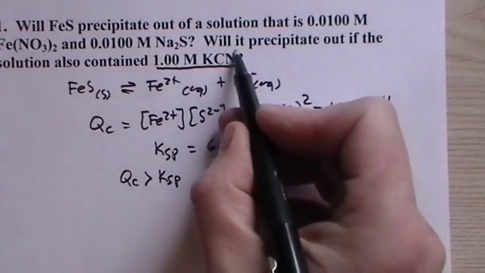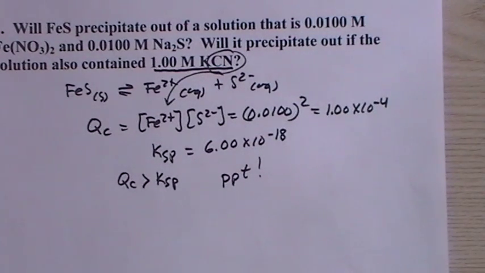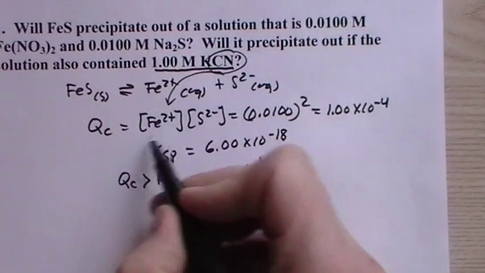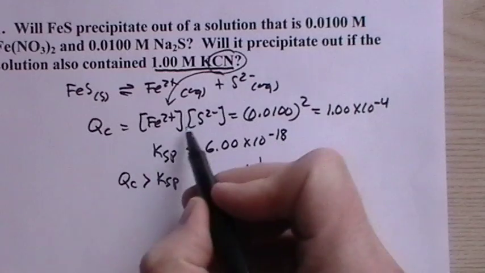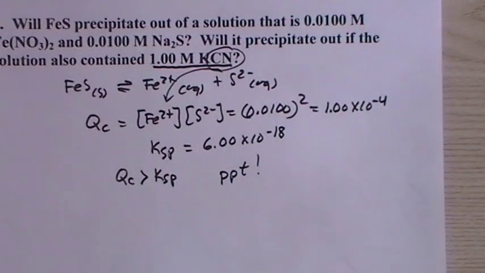So if this cyanide could come in and react with the iron before the sulfide could, which will happen because the Kf is so gigantic, you can prevent the precipitation from happening. So the cyanide will come along, eat up most of the iron, and then whatever iron is left can go into this Qc expression, and we'll see what happens then.